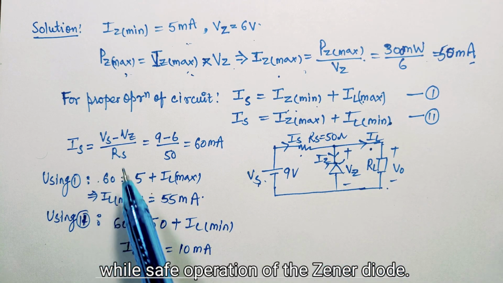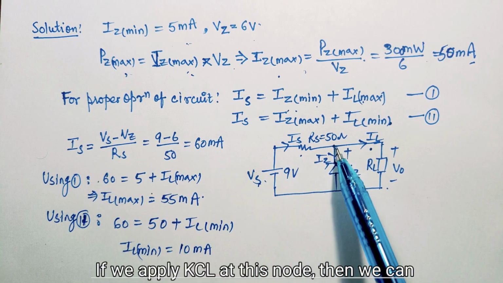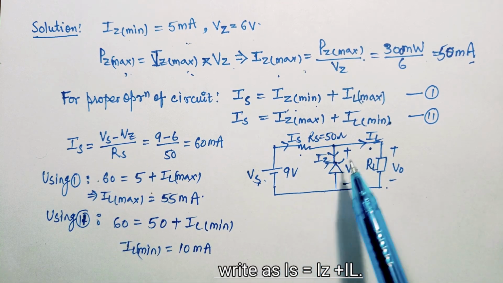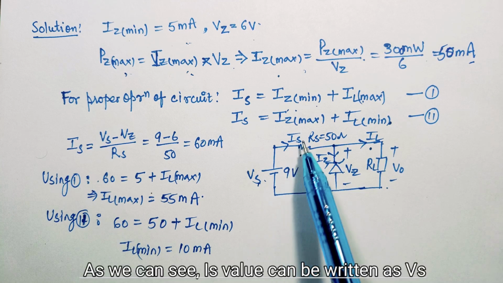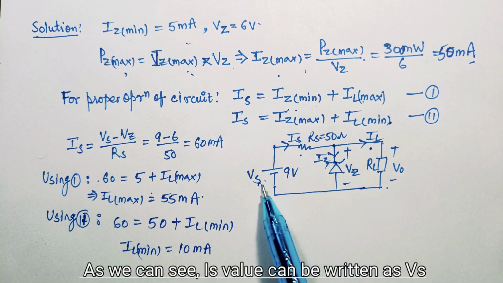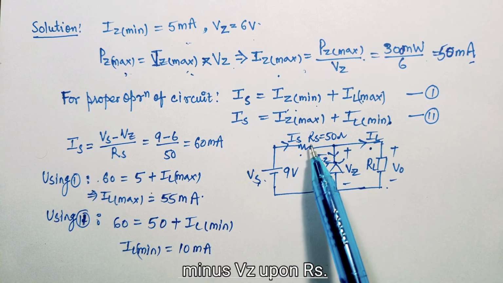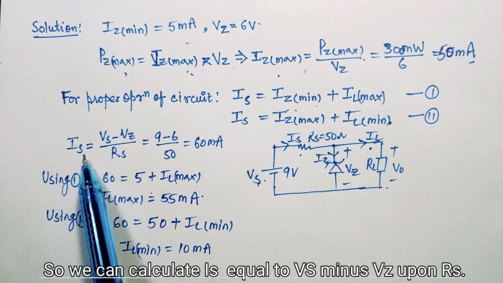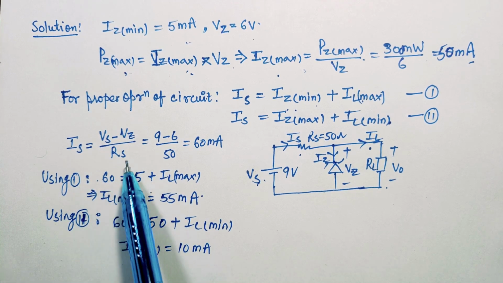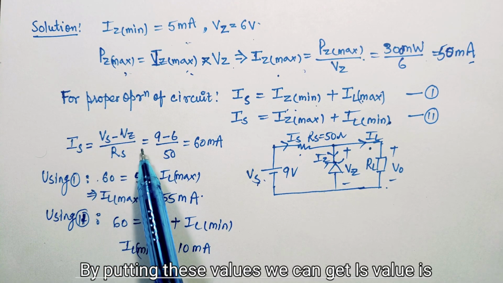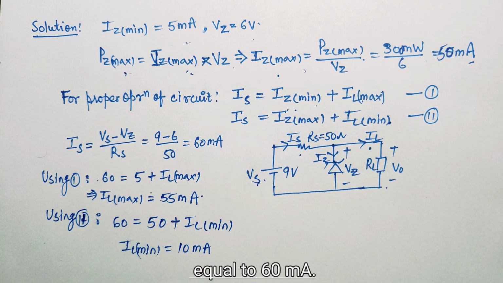If we apply KCL at this node, then we can write Is is equal to Iz plus IL. Is can be written as Vs minus Vz upon Rs. By putting these values, we get the Is value equal to 60 milliampere.